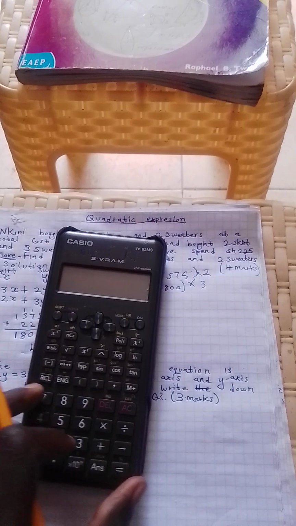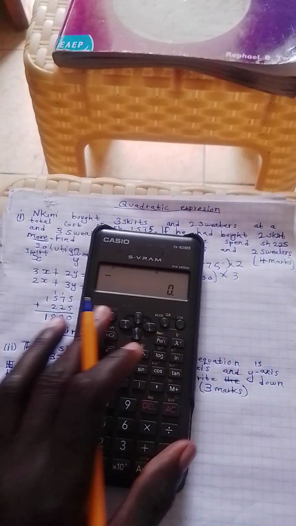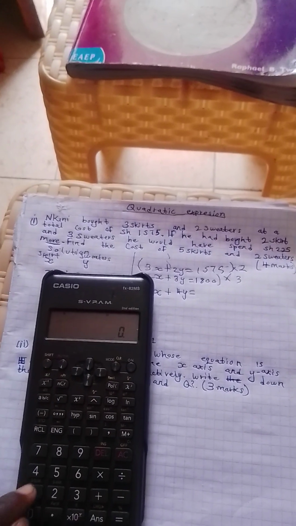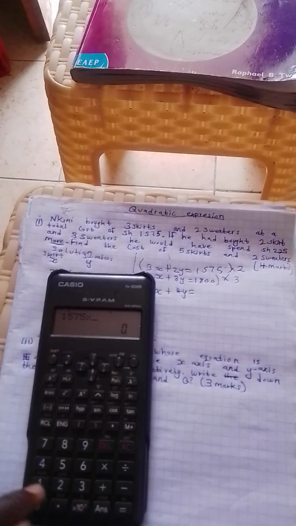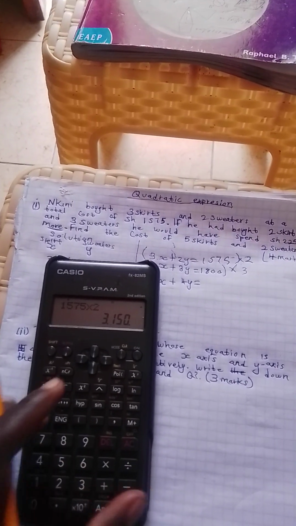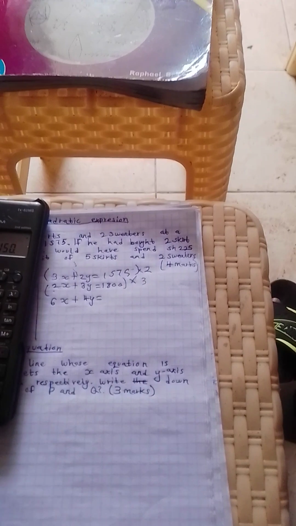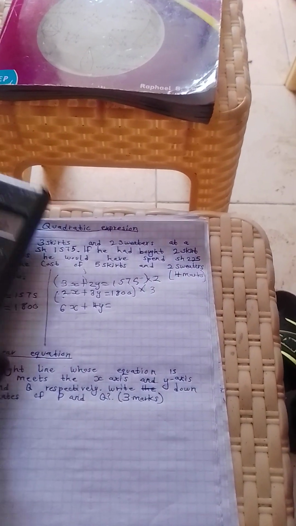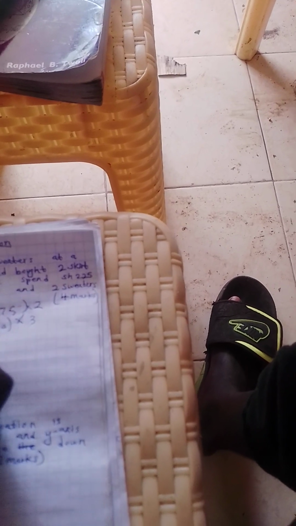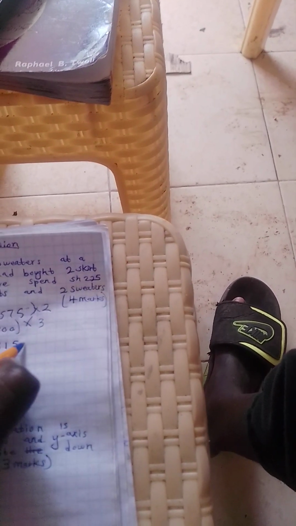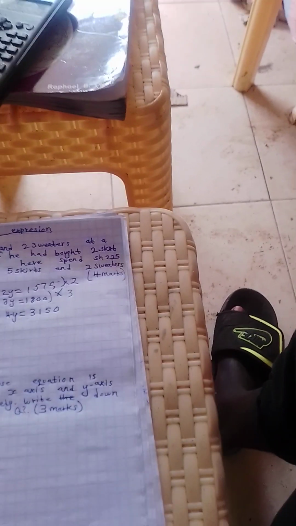We are allowed to use the calculator. 1,575 multiplied by 2 gives us 3,150. And that is how we have opened the first one.